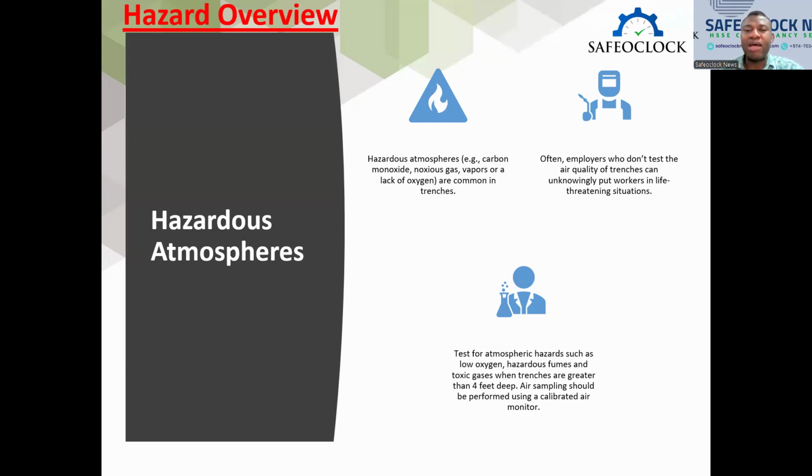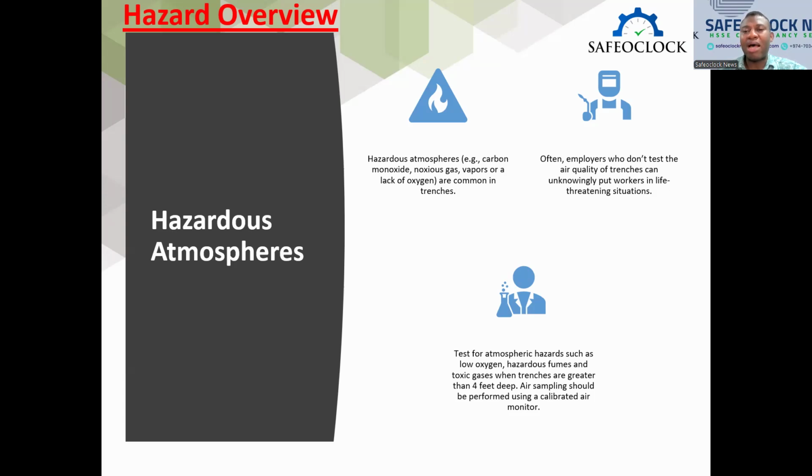There are a lot of hazardous gases that could be trapped inside the excavation, including carbon monoxide, deficiency of oxygen, and other hazardous gases. So the worker going inside the excavation has a high risk of being exposed to any of these hazardous substances.